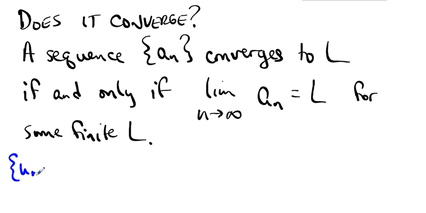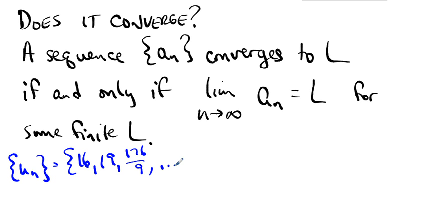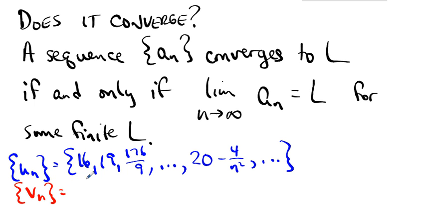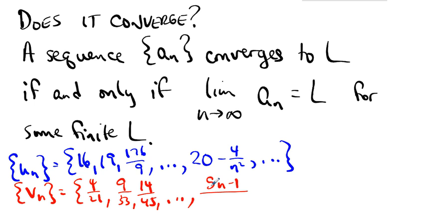So does it converge? Here's the sequence U sub n, and that's 16, 19, 176 over 9, and so on, so that the nth term is 20 minus 4 over n squared. Here's a sequence V sub n, and that sequence is 4 over 21, 9 over 33, 14 over 45, and so on, so that the nth term is 5n minus 1 over 12n plus 9.